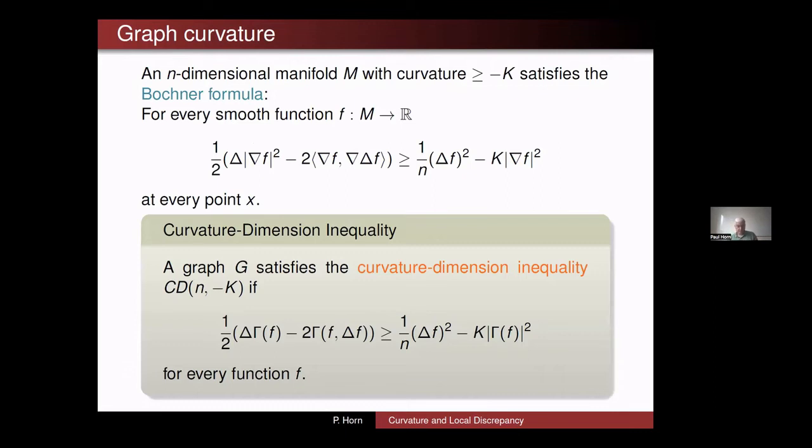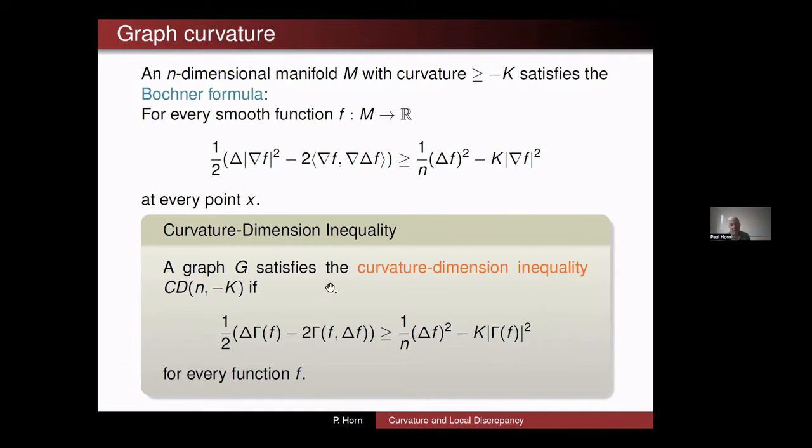And from here, you can just define the curvature dimension inequality, which is to say, I look at this Bochner formula, and I ask for which k at a point, what are the best k I can write there?